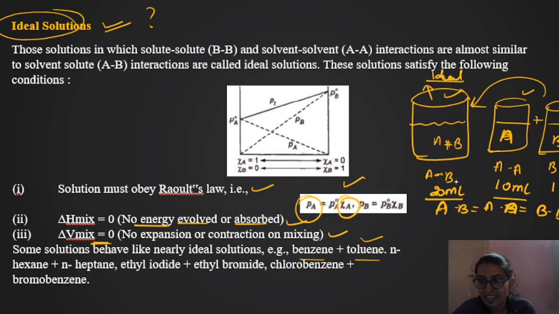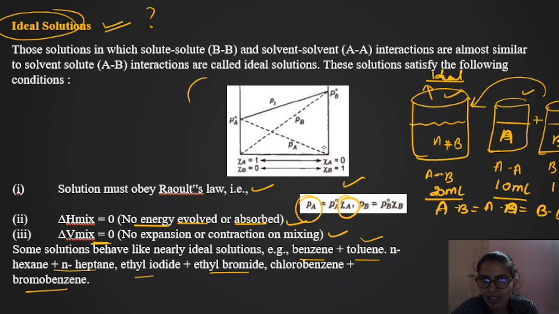It means their interactions will be the same, they follow Raoult's law, and there will be no change in volume and no change in energy observed. Similarly, hexane and heptane, ethyl iodide and ethyl bromide mixture, chlorobenzene and bromobenzene mixture. These are examples of ideal solutions.